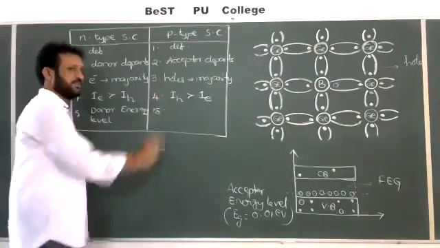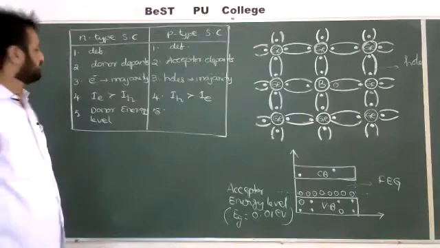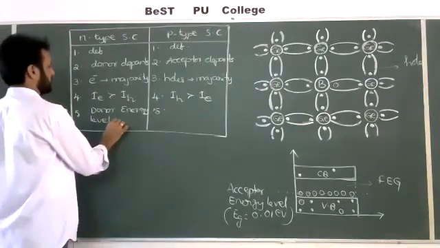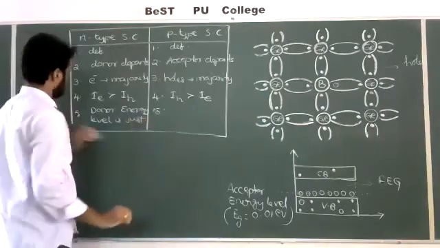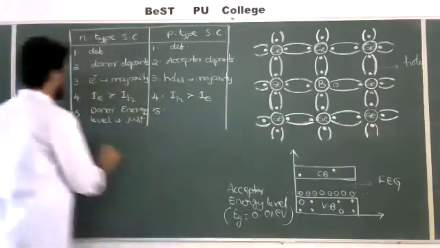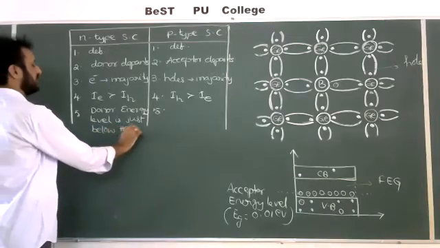Fifth point, you can write about the donor energy level. The donor energy level is just below the conduction band.